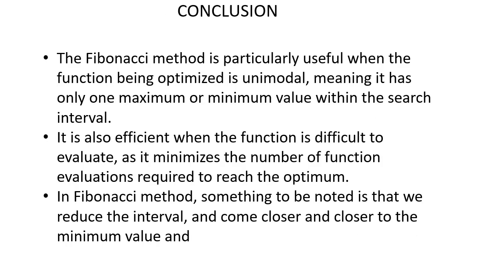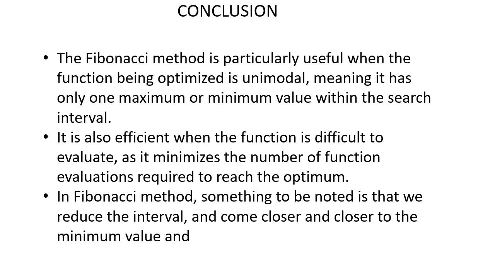So, to conclude, the Fibonacci method is particularly useful when the function being optimized is unimodal, which means it has only one maximum or minimum value within the search interval. It is also efficient when the function is difficult to evaluate, as it minimizes the number of function evaluations to reach the optimum.